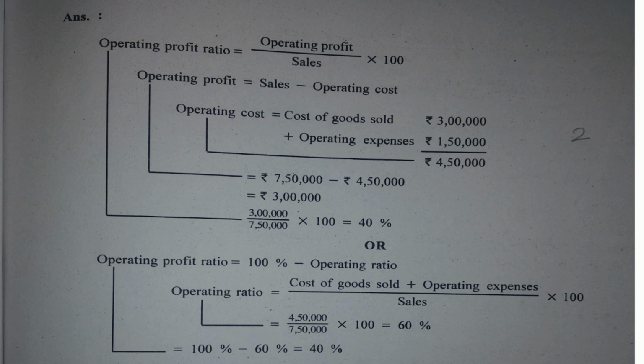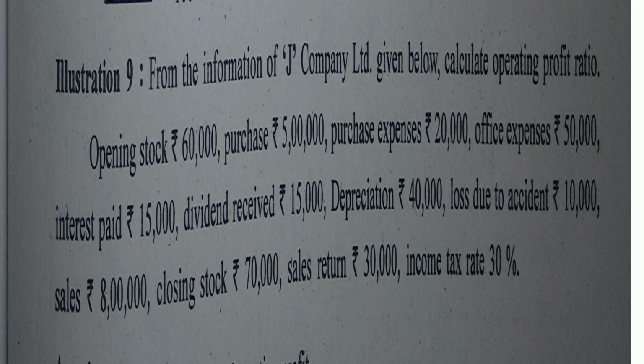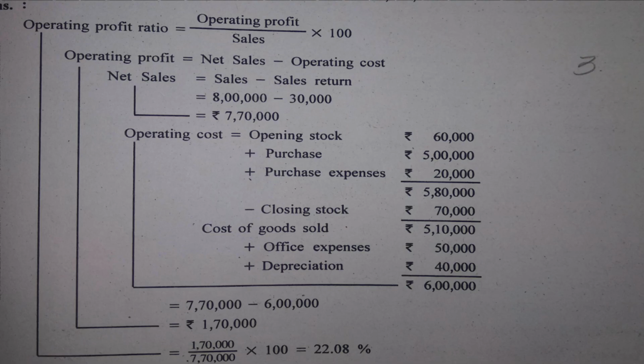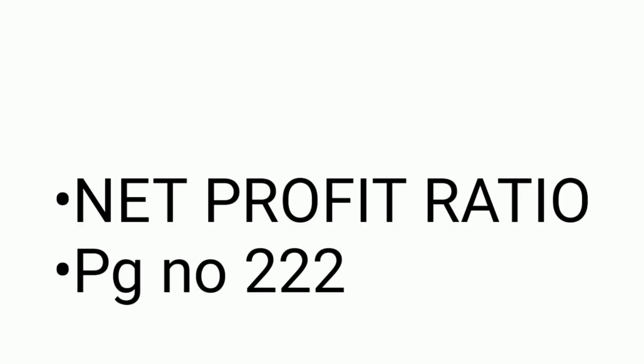As I said, sum number 6 is similar to this. Then we have solved illustration 9. And I asked you that you should read the formulas of net profit ratio for the next lecture. That is the lecture that we are having today.